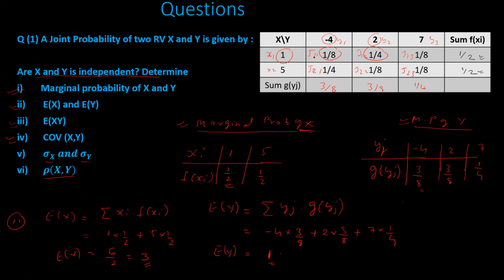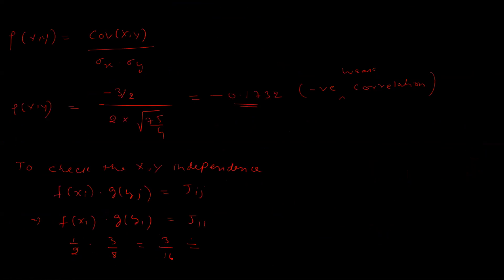Okay, so you can see here J11 value is 1 by 8, which is not equal to 3 by 16, because J11 is equal to 1 by 8 given in the table. Alright, so therefore x and y is not independent. That is the conclusion we have.